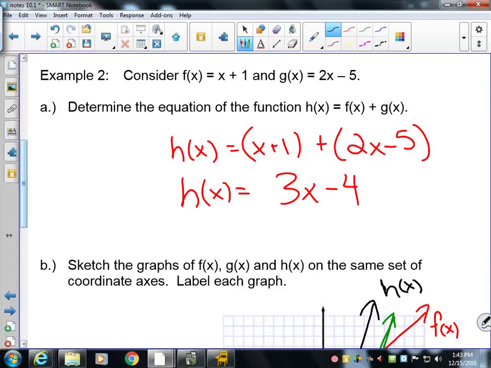Negative 3 plus 1, that's negative 2. Negative 3 times 2 is negative 6 minus 5, that's negative 11. Negative 3 times 3 is negative 9, minus 4 is negative 13. So if you need to, you can always plug the x values into the equations and solve for the y's.